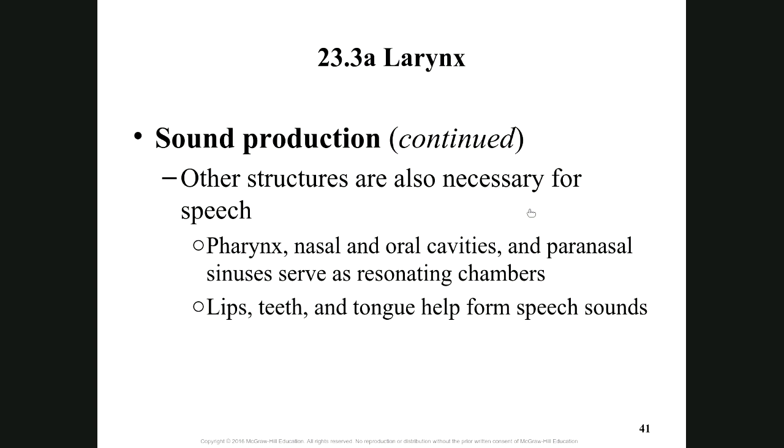All of them are chambers in which the sound turns and circulates, and then the sound can come out. Our lips, teeth, and tongue help form speech sounds for us.